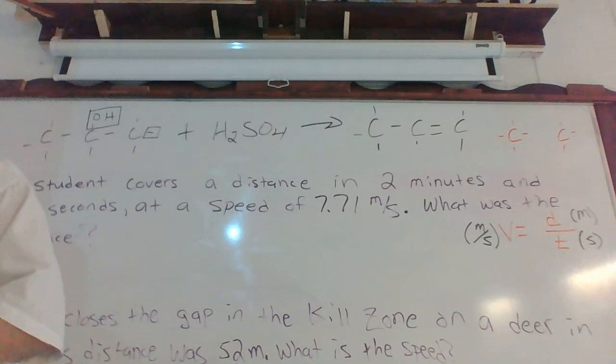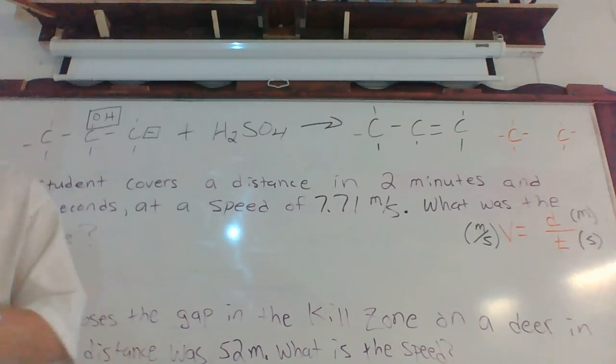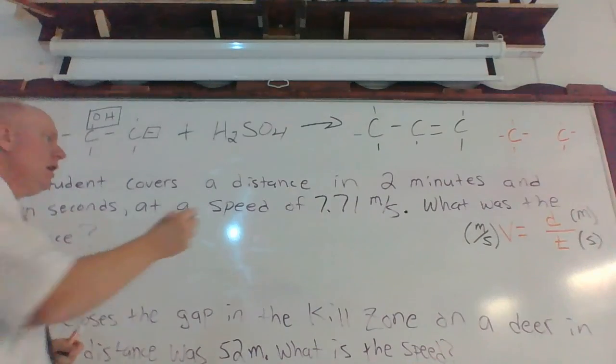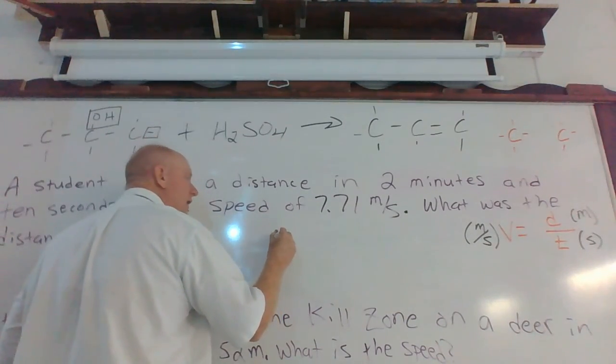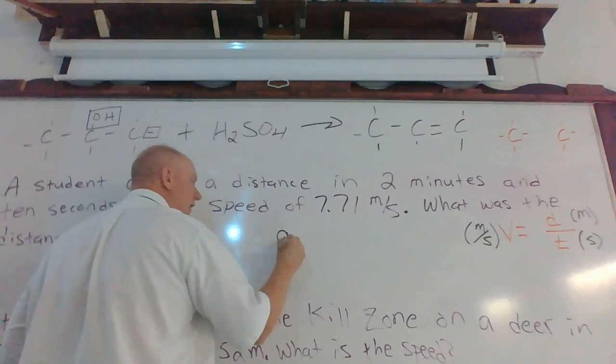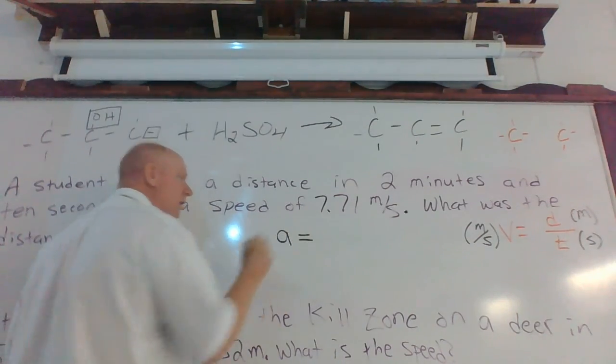Okay, so the very last thing that we had written down was acceleration. So what is the formula for acceleration? Okay, so we're just going to say A for acceleration.